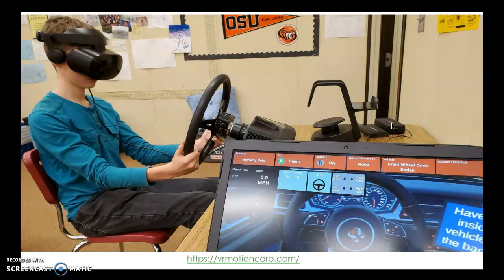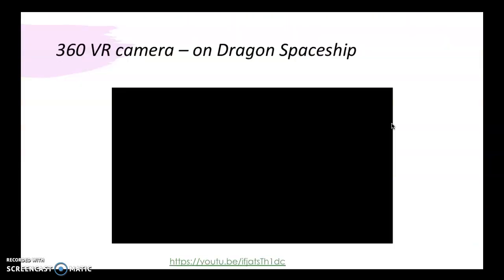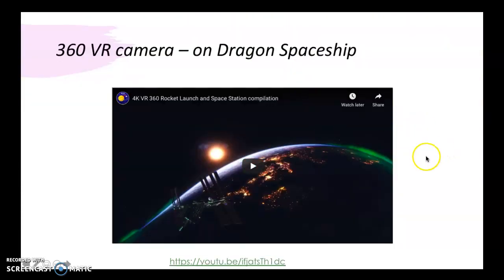So that is one of the applications using VR to train drivers, and using VR to train students in medical school for different organ surgeries. All of those are available.